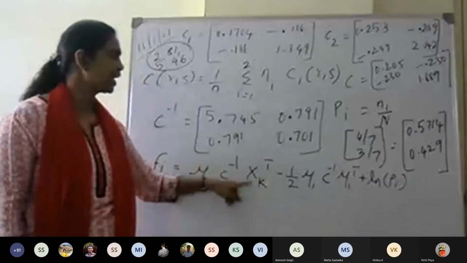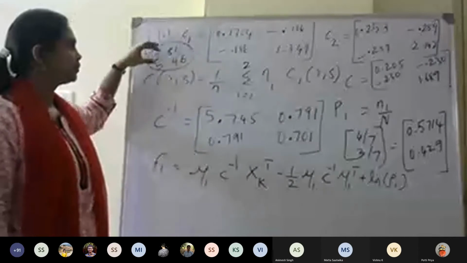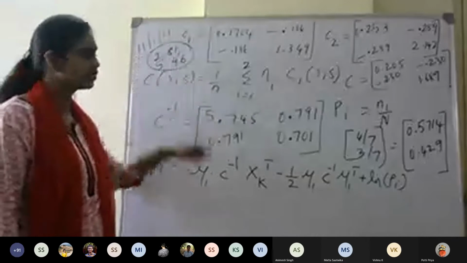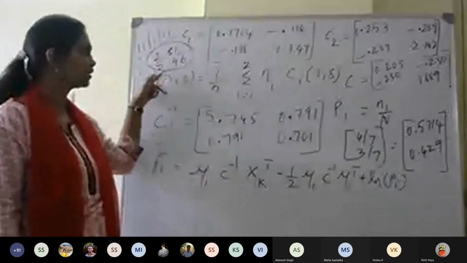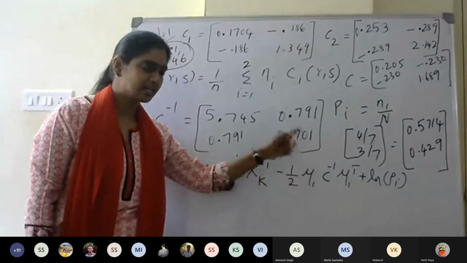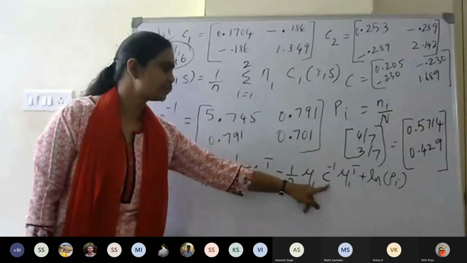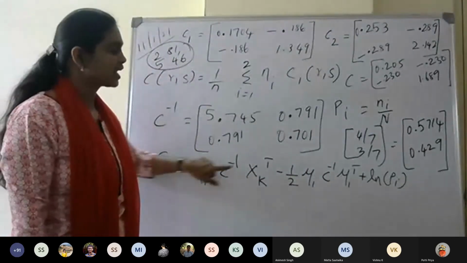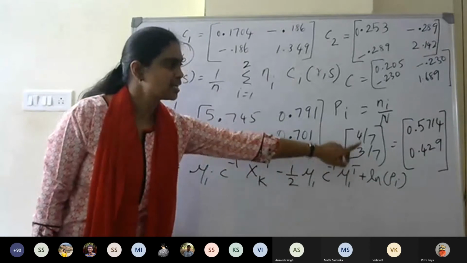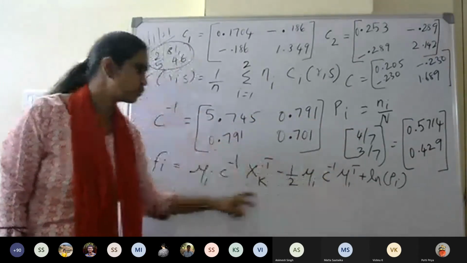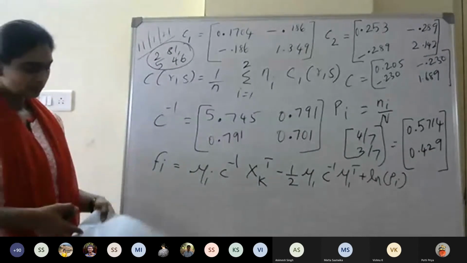In the place of xk, you substitute the values column-wise, as a column vector instead of a row vector, minus half mu1, the same C inverse, and mu1 transpose, plus the ln value of 0.5714. So it will be a very big calculation.